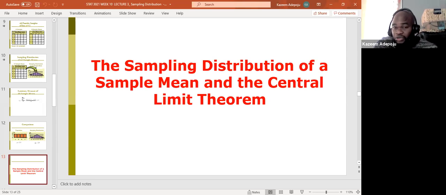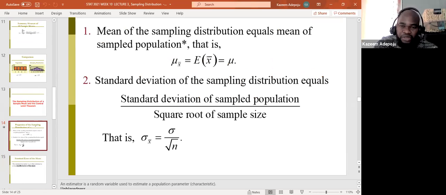If a population is not normal, of course we know what to do to make it normal, because of the simplicity and tractability of the normal distribution, and because the variance associated with a normally distributed random variable is small. That is the reason why we care about the nature of our population, and we know what to do. That is what the central limit theorem is going to tell us.